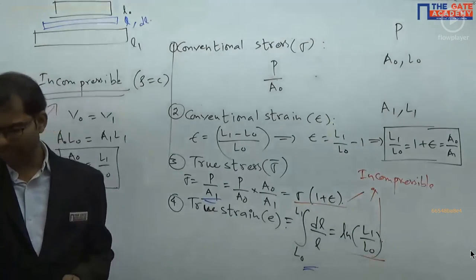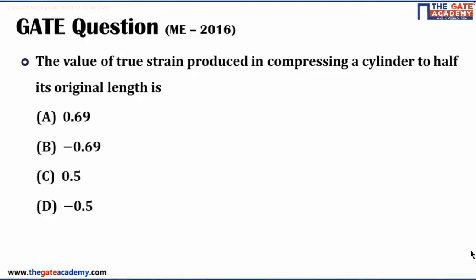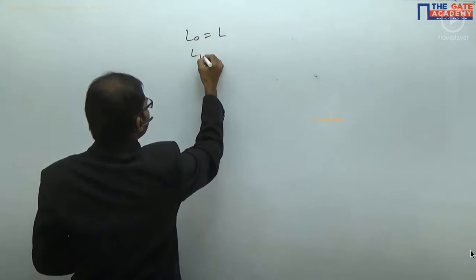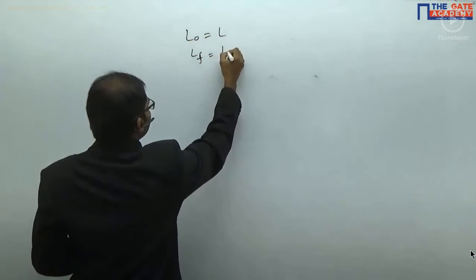I will give you a question in the next slide. The correct answer for this question is B. It's very simple. The value of true strain produced in compressing a cylinder to half of its original length: take the initial length L0 equal to L, and the final length equal to L by 2.